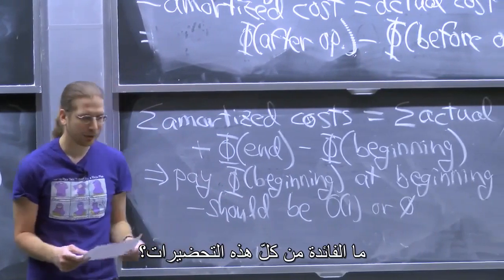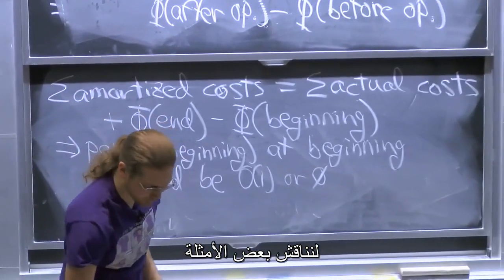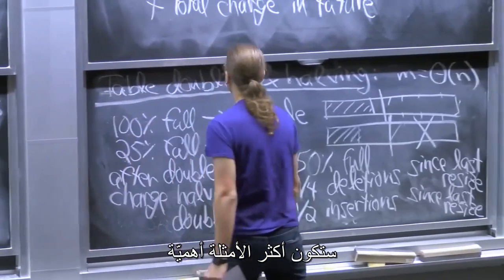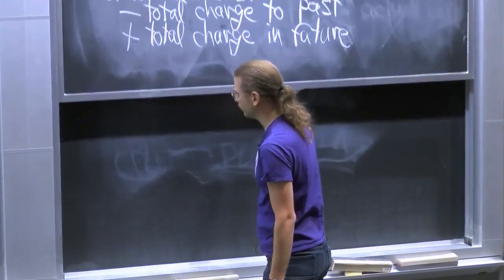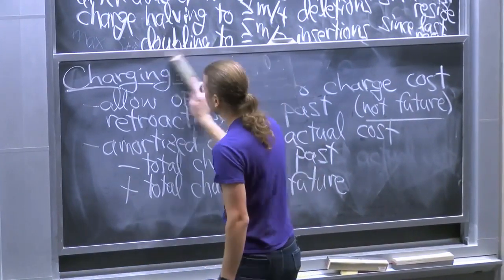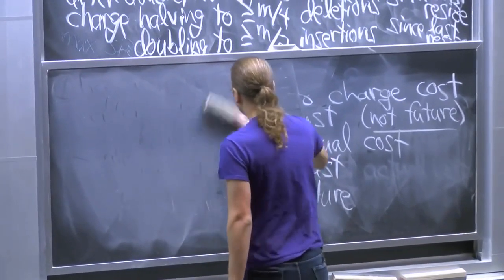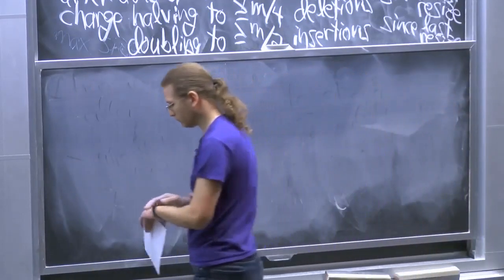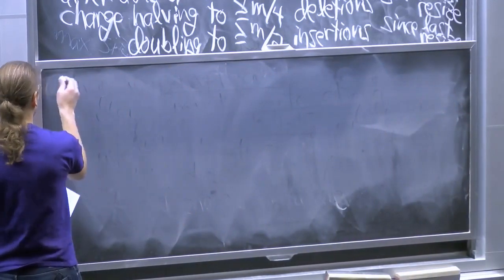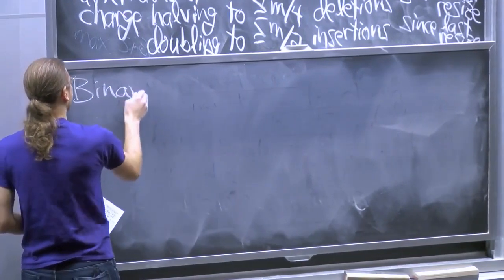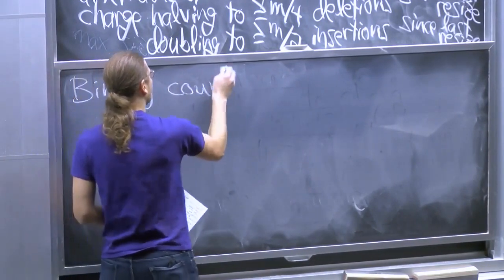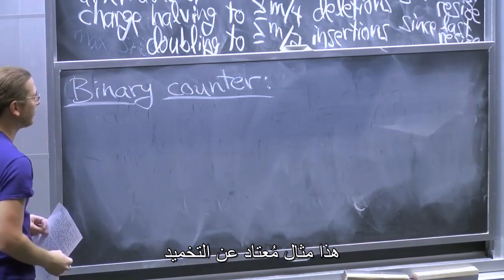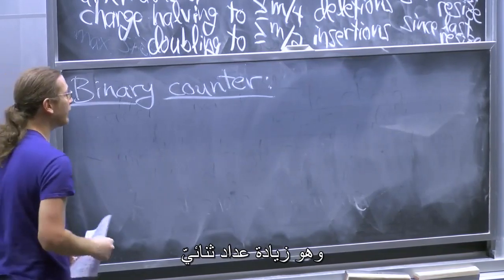OK, all this infrastructure, what's it good for? Let's do some examples. These are going to be the most interesting examples. A kind of classic example of amortization is incrementing a binary counter.